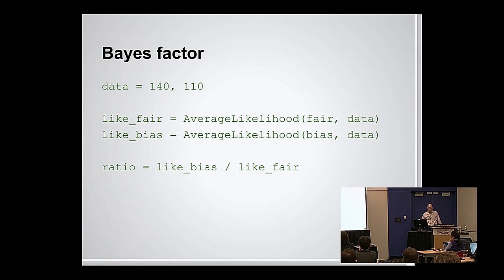So I'm going to spin the roulette wheel, see what the result is, and come up with this ratio. That ratio is the Bayes factor. Remember, if it's greater than 1, then the biased hypothesis is more likely. If it's less than 1, then the fair hypothesis is more likely.